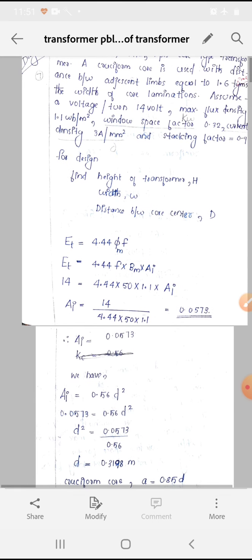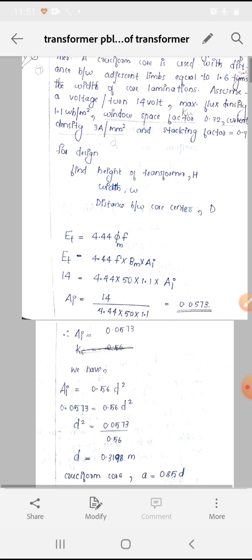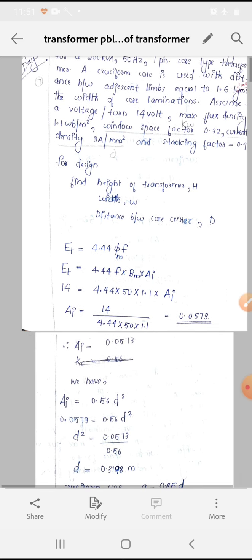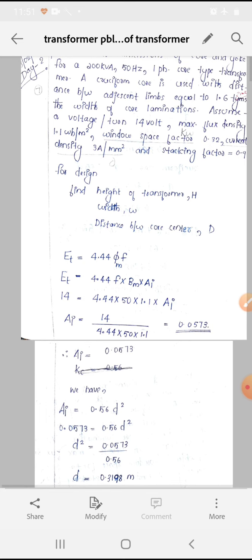So phi m can be written as Bm into Ai. So Et is equal to 4.44 f into Bm into Ai. In the question Et, voltage per turn or EMF per turn is given as 14. So substitute Et as 14, f is given in the question as 50 and Bm is 1.1.